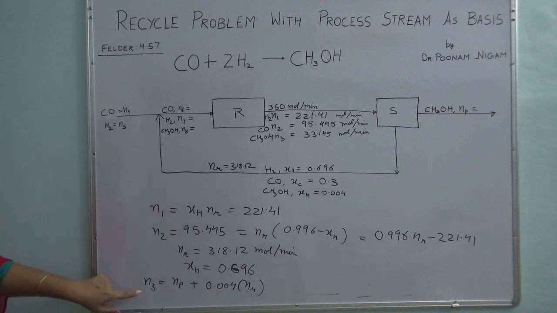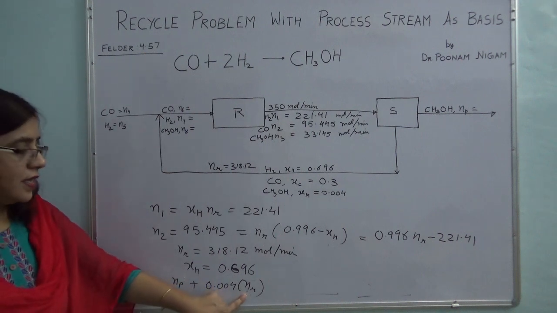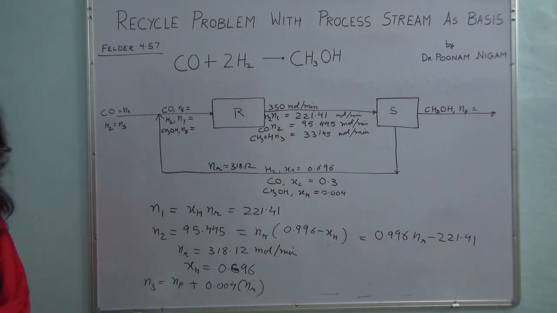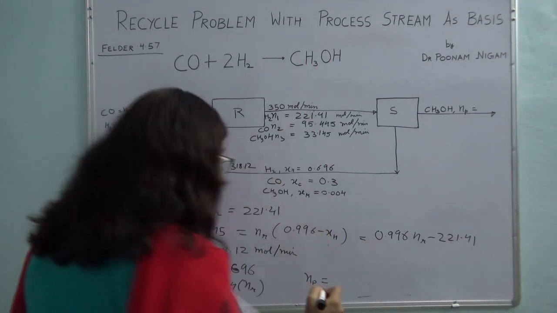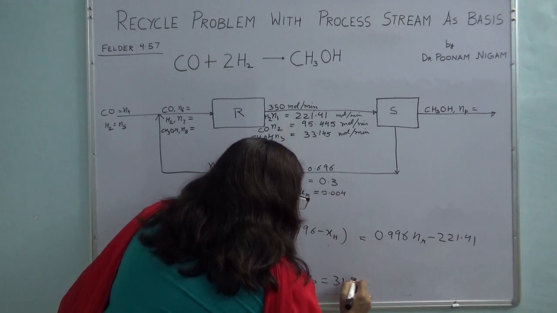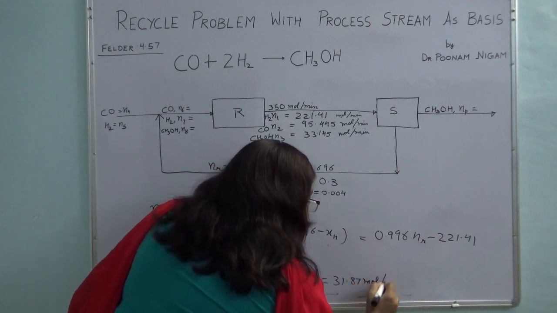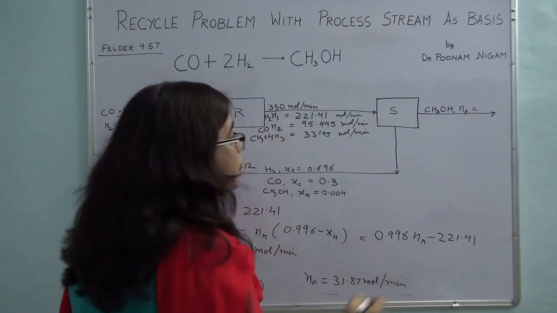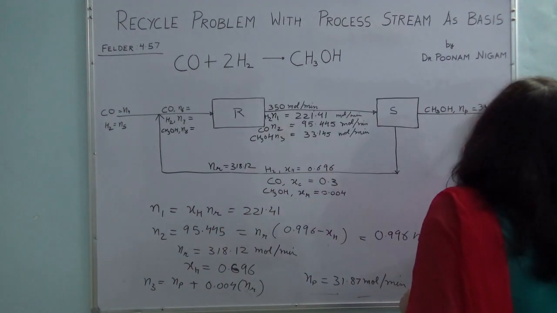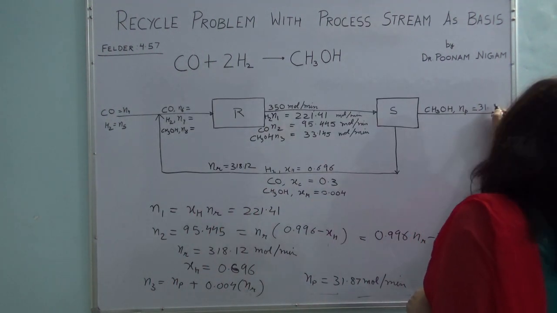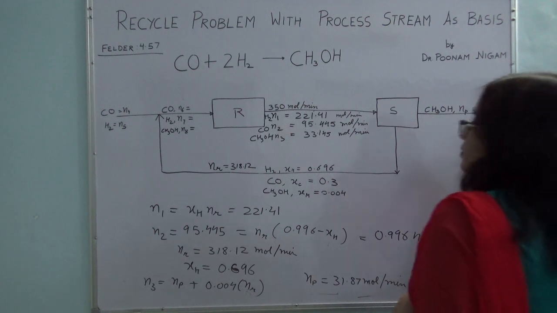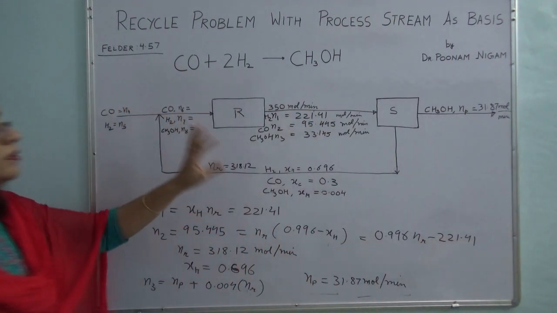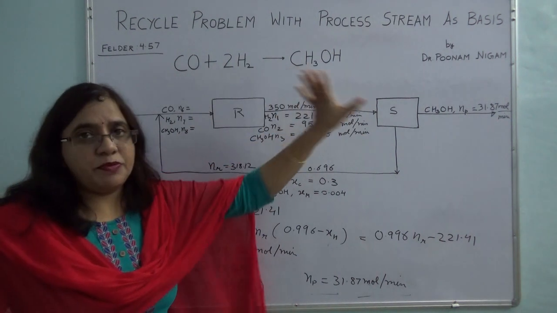Okay, I know what is N3, I know what is NR, so I will calculate my product flow rate, and this comes out to be 31.87 moles per minute. So I have solved now my separator.